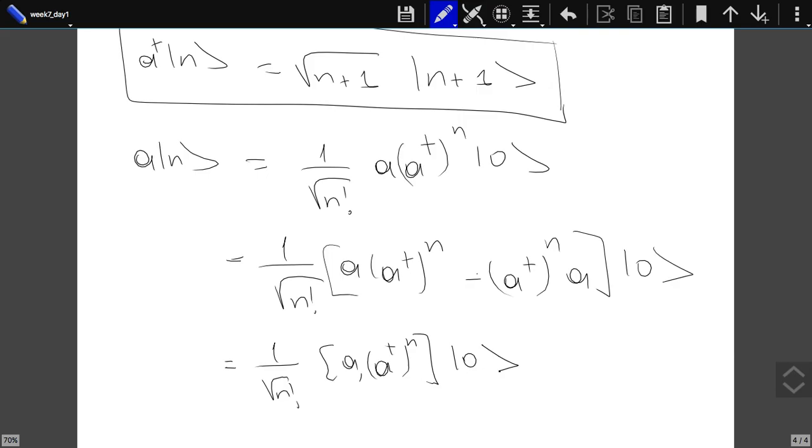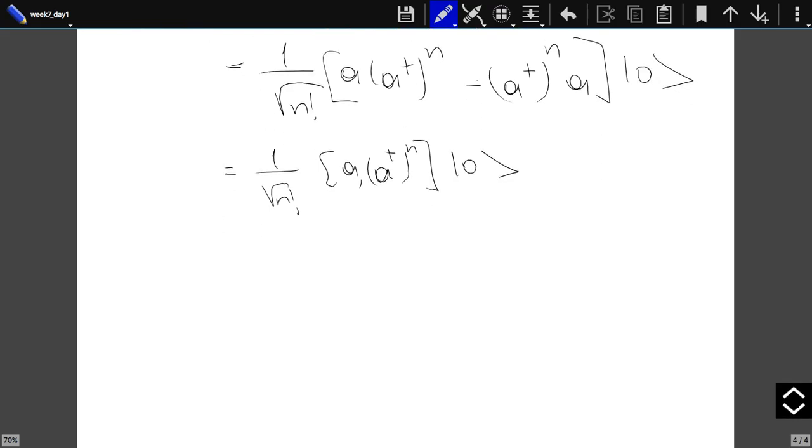Now let's see what that commutator is. We already know that the commutator of A and a dagger is just 1. This is what we had already derived before. Well, let's look at the commutator of A with a dagger squared.